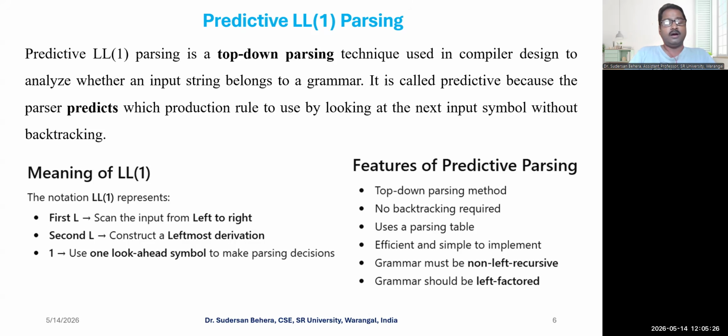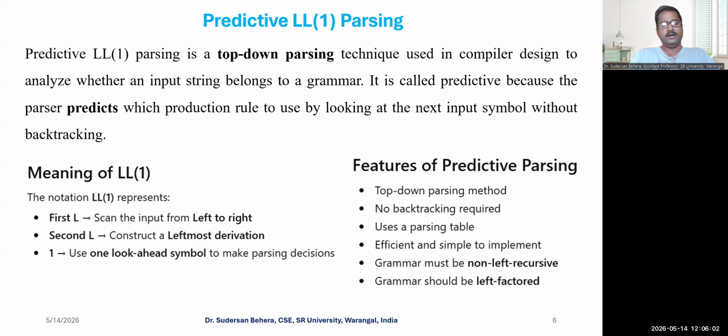Why? Because in LL1, the first L stands for scanning the input from left to right, as the previous parser also does. Every parser does the same thing. Then the second L stands for adopting leftmost derivation, in order to carry out the parsing task.